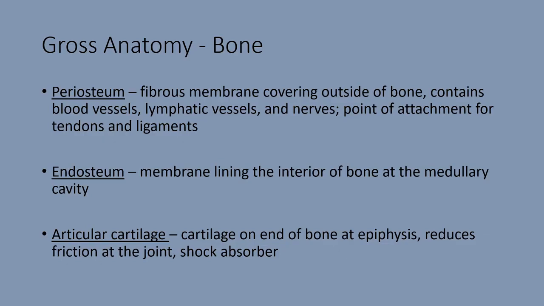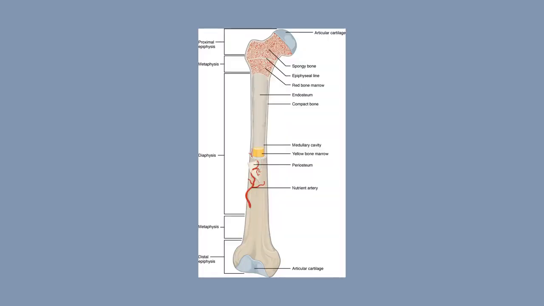Oftentimes what happens with an individual who has arthritis is that articular cartilage starts to wear away. Oftentimes that has to do with age and genetics and maybe exposure to different things over the course of your life and wear and tear on. And if that cartilage ends up completely wearing away, you've got bone rubbing on bone, which is extremely painful.